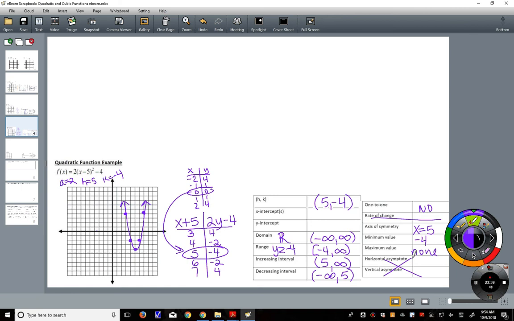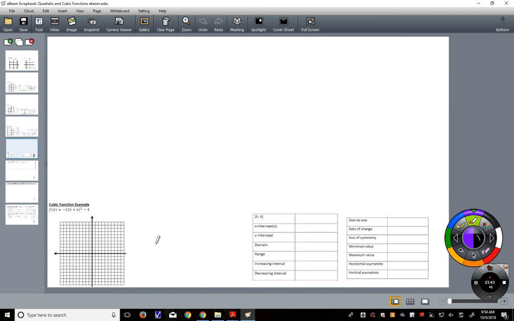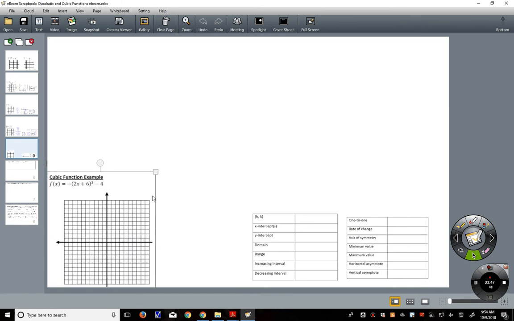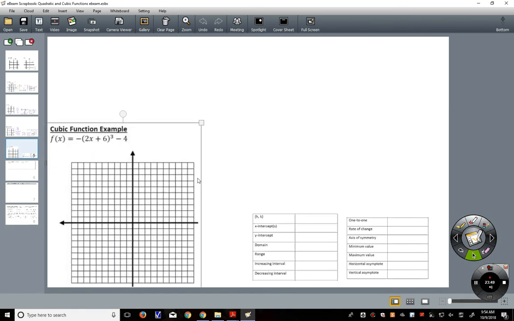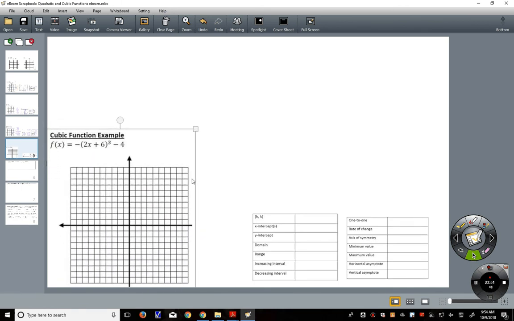Okay? So the last graph that we're going to do today is going to be a cubic. I'm actually going to make the graph like that. You can see the equation up there, and we'll deal with it in a minute. Okay, so why the cubic might be different than what you've done before, depending on your experience, is that now there's a 2 in here.